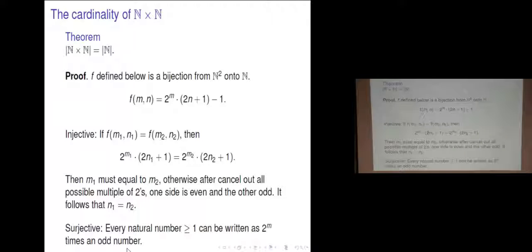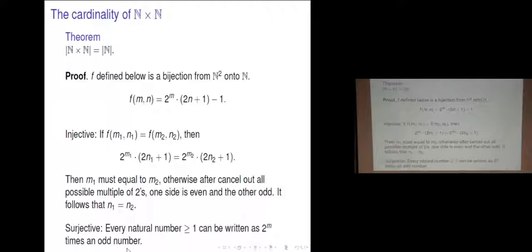Now, if the number is not 0, suppose a natural number is bigger than 1, is it the image of a pair? Well, I just explained. If the number is bigger than 1, you can factorize it in a unique way so that you can take out the number of 2's. The remaining one has to be an odd number.